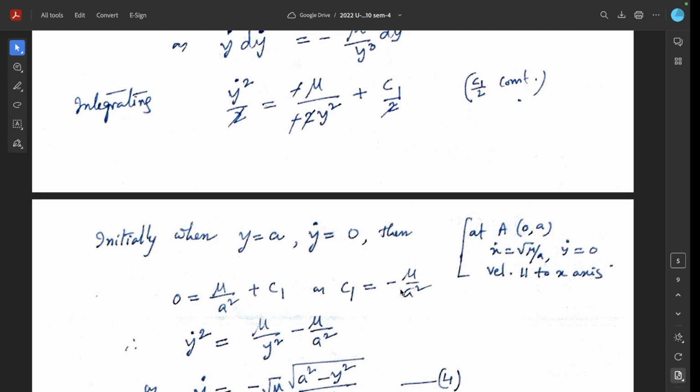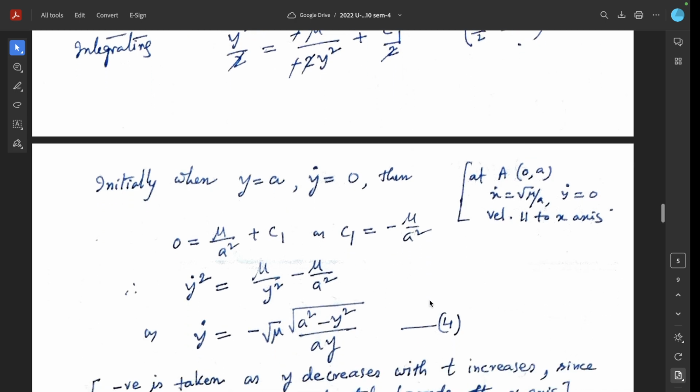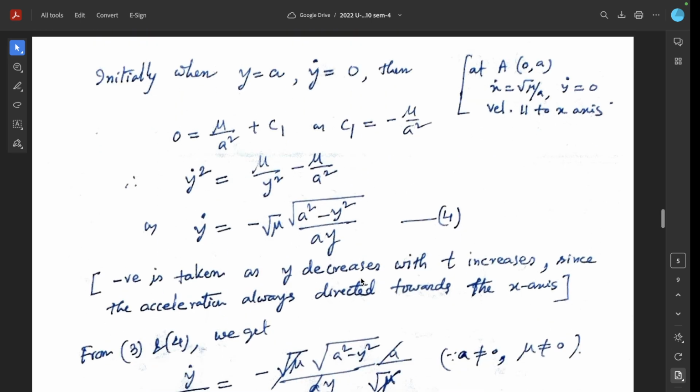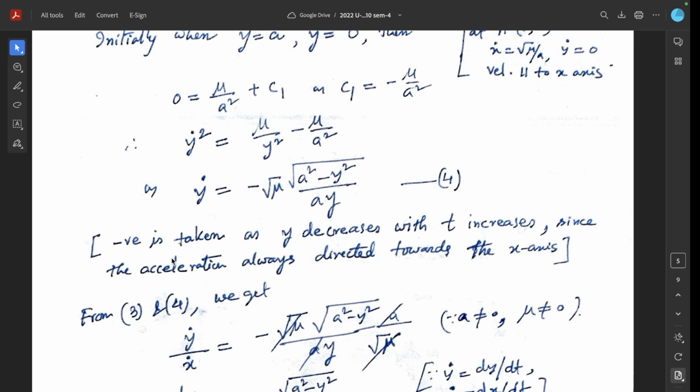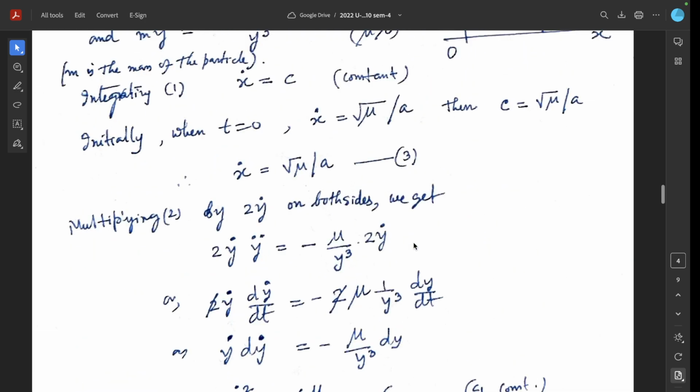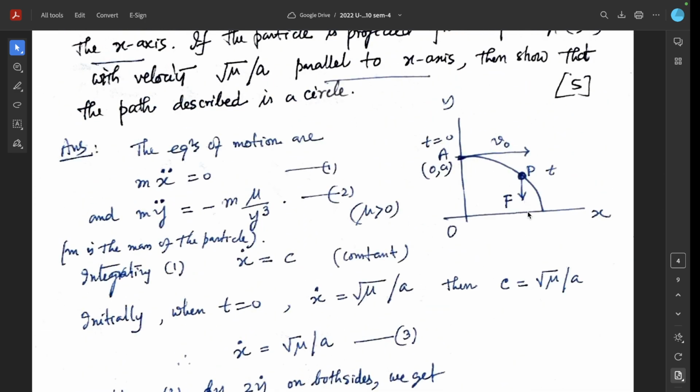c1 equal to minus mu by a square, and putting this value of c1, y dot square equal to this, and so y dot equal to minus root over of a square minus y square whole divided by ay. Here the negative sign is taken because y decreases as time t increases, since the acceleration is always directed towards the x-axis.